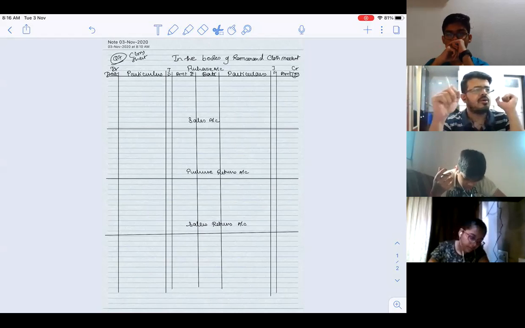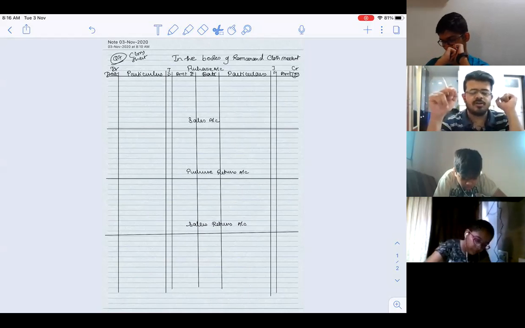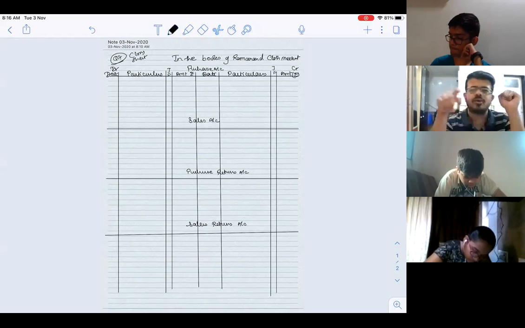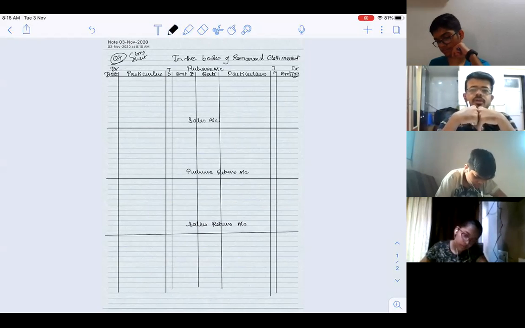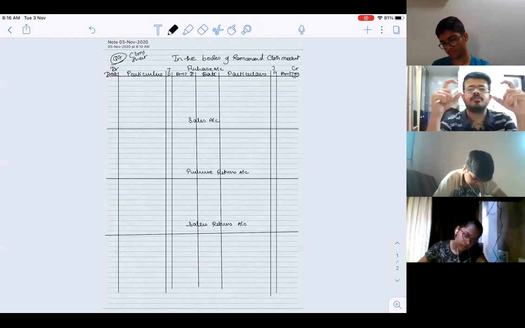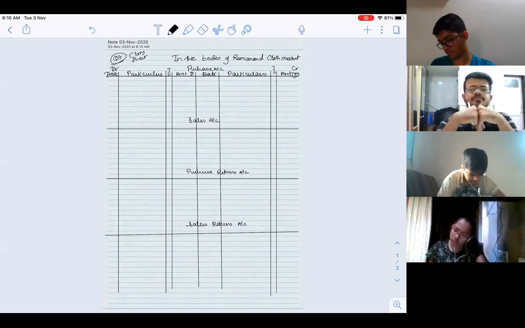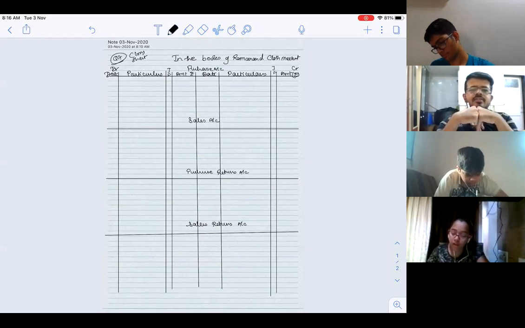Now, in the very first problem, that is Ramanand cloth merchant wala problem, just look at the solution, keep the solution in front of you, and tell me, were there any cash purchase or cash sale entry in the question?